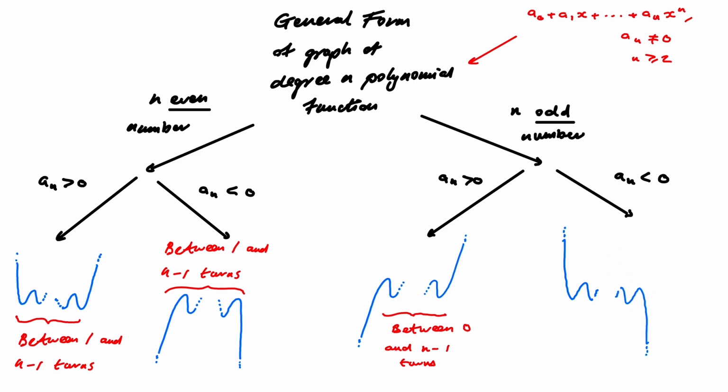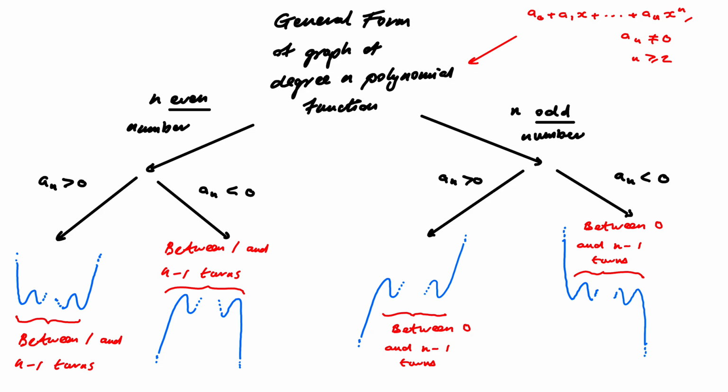And do your wobbling like that. So that's the basic shape in this situation. And it's totally identical, right? You'd have, again, between 0 and n minus 1 turns.